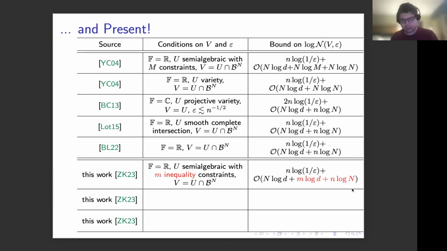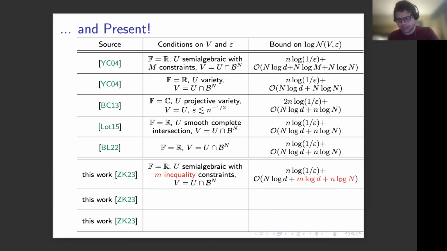So here's what we're contributing to this picture. Firstly, for semi-algebraic sets with little m inequality constraints, so just inequalities, whereas Yomdin also included equalities, we get this. This here is an improvement on what you're seeing with Yomdin.